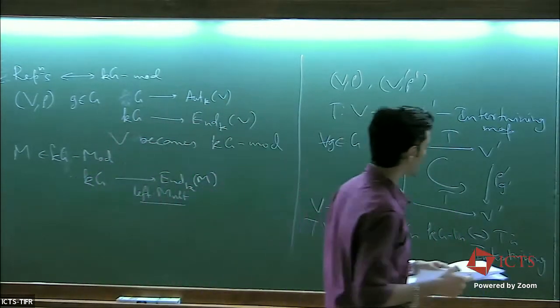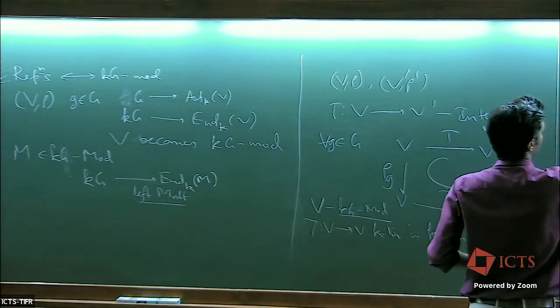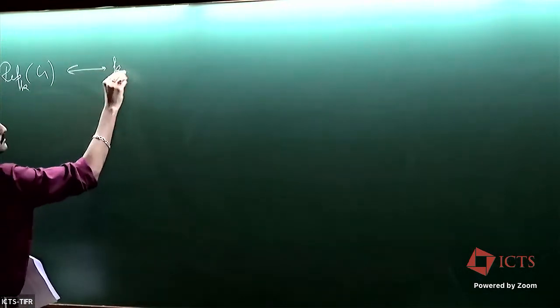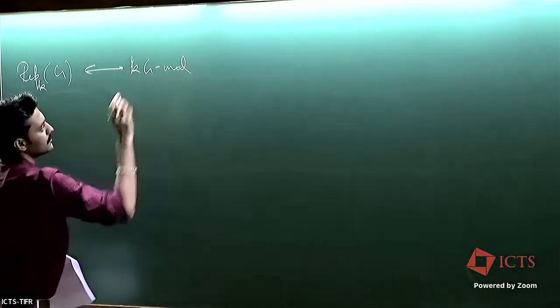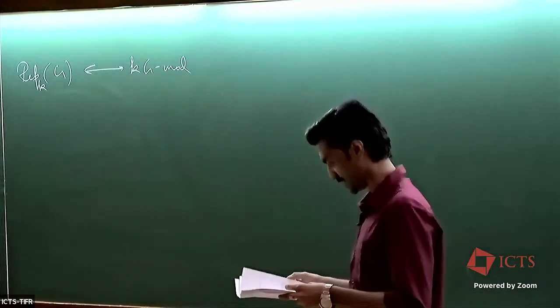Okay. So with respect to these 2 points of view, where I have taken a representation and compared it to a KG-module, and intertwining maps are associated with the KG-module homomorphisms, these 2 categories, representations of G over the field K and KG-modules, become equivalent. Therefore, we can work in any one of them.